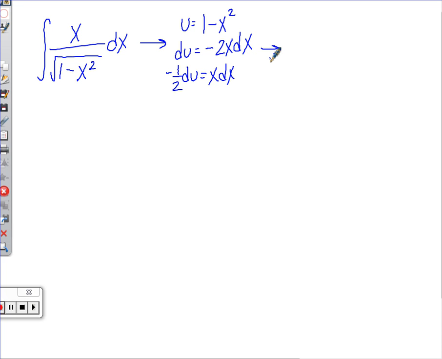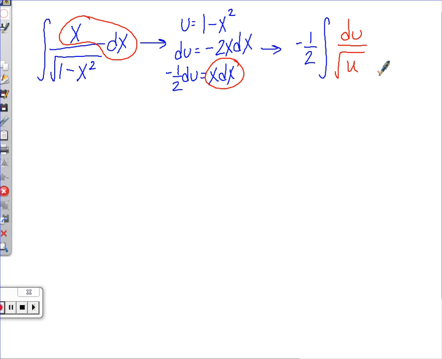Translate the integral. Negative 1/2. How do I integrate this? So u to the negative 1/2 du.